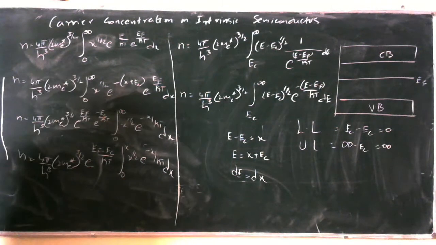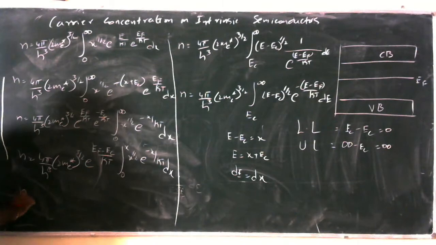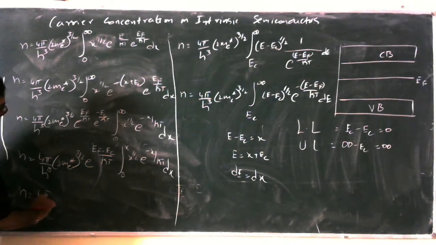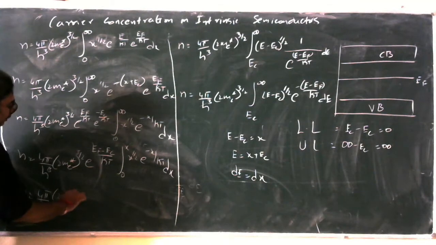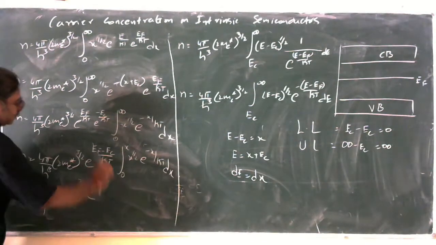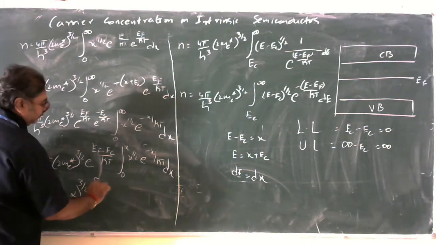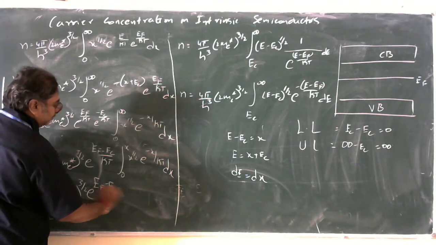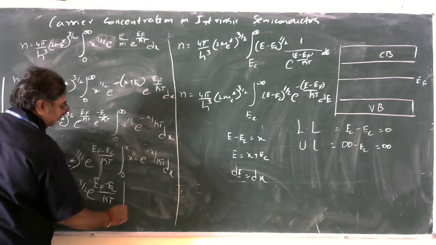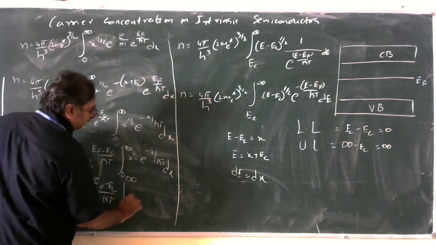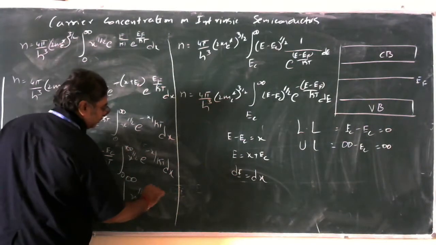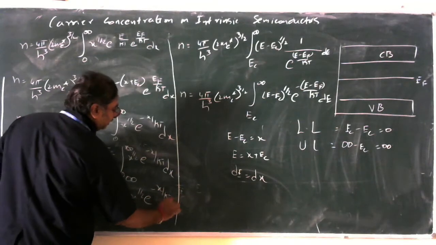So once again, this becomes N equals 4π by h cube into (2 me star) whole power 3/2 into exponential of (EF minus Ec) by kT, integration from 0 to infinity of x power 1/2 into exponential of minus x by kT dx.